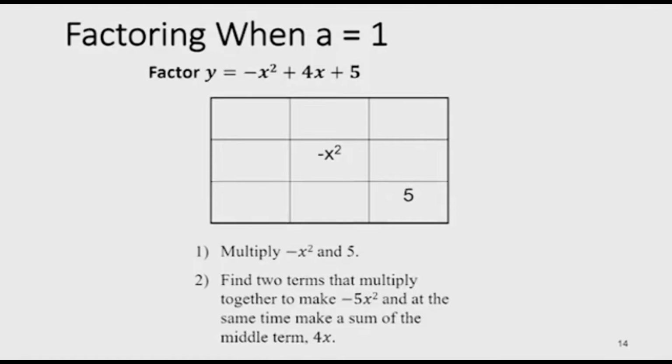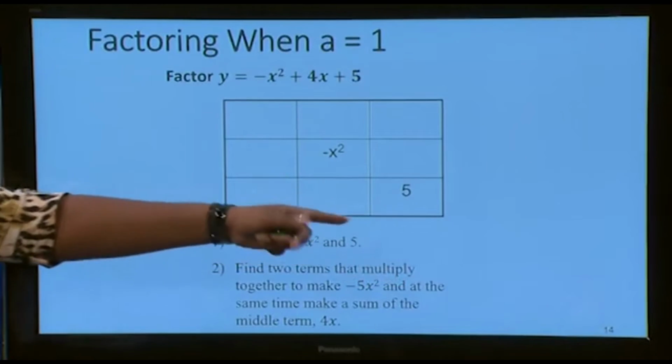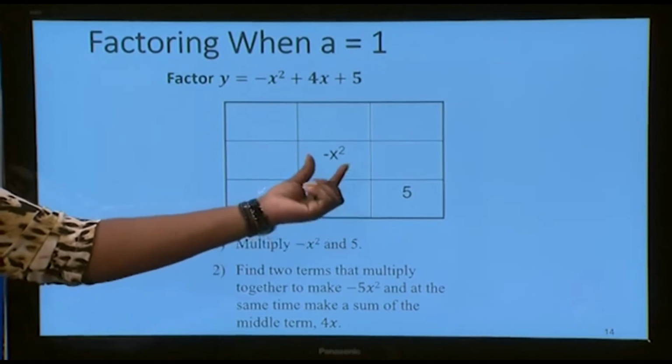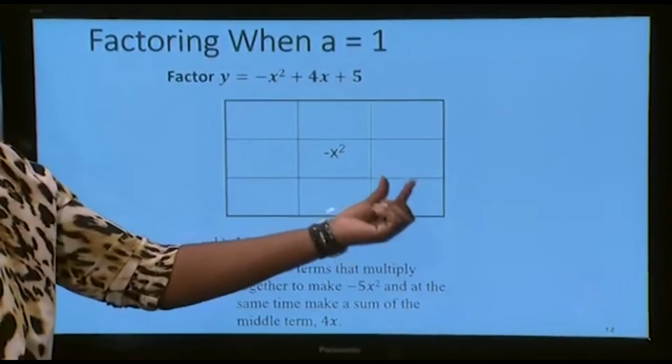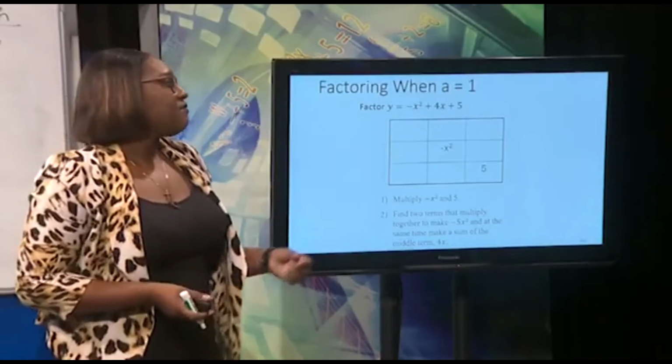We're going to be looking at our ax squared term and our c term. Now, let us multiply ax squared by c. That would give us what product? Negative 5x squared.